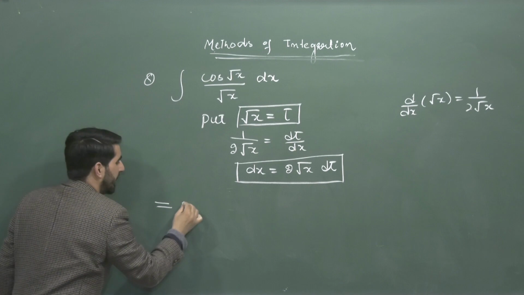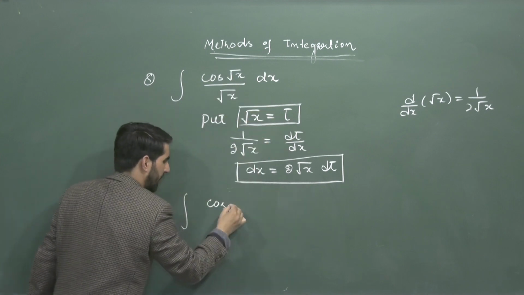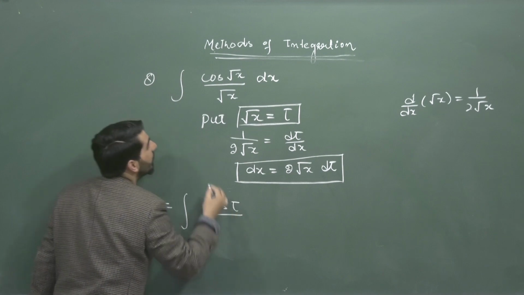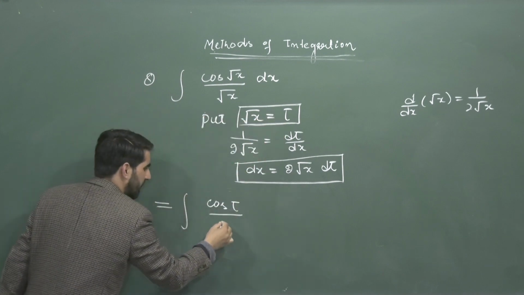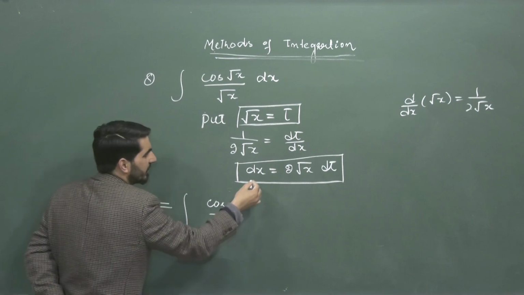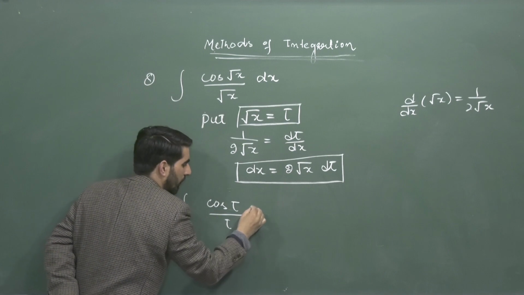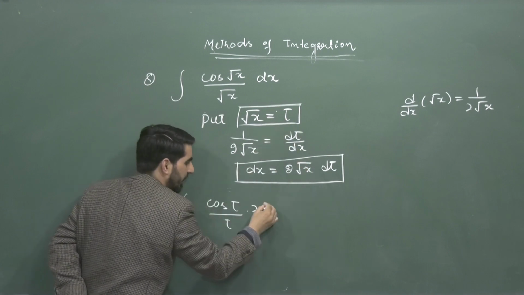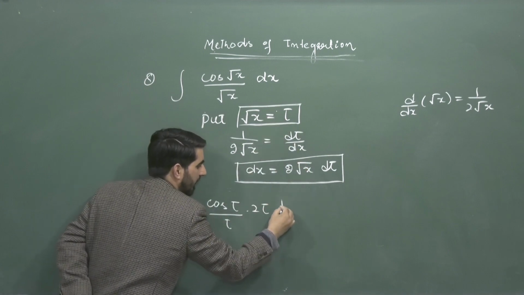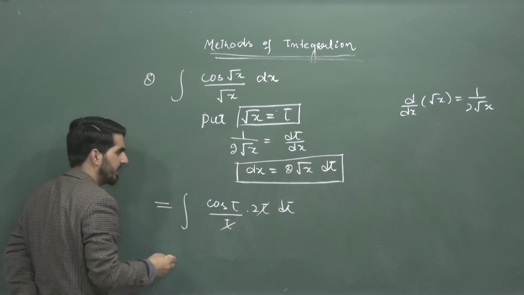We get integration of cos of root x is equal to t, so we will write here t, divided by root x is equal to t, so we will write here t. Dx is equal to 2 and root of x is equal to t, that is 2t, and dt. So here t and t will be cancelled.